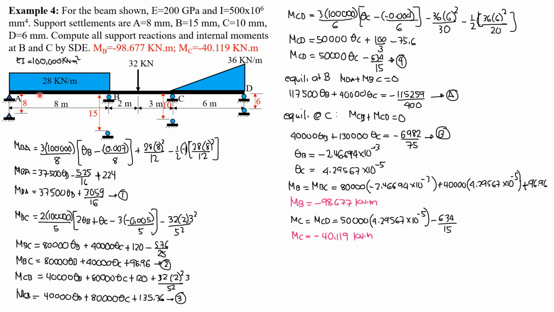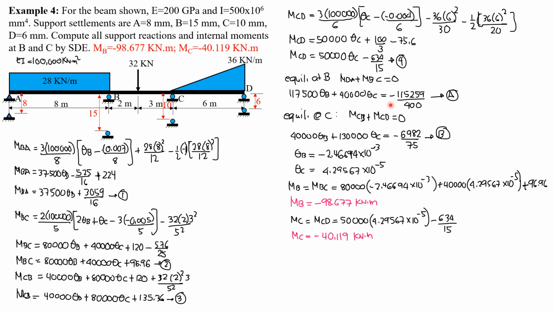Equilibrium at joint B, MBA plus MBC equals 0. So MBA, 37,500 theta B, plus MBC, 80,000 theta B: 37,500 theta B plus 80,000 theta B is 117,500 theta B, then plus 40,000 theta C, then equals negative 3,059 over 16, negative 96.96.